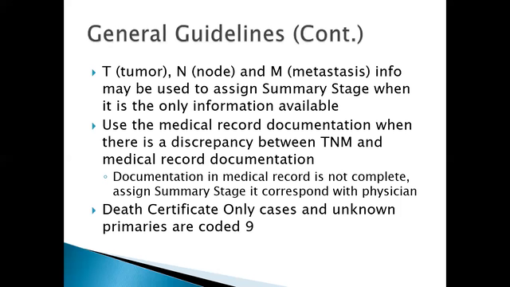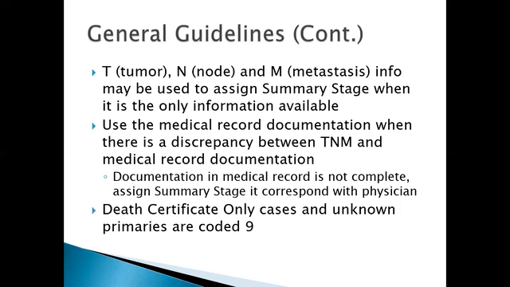Don't go by what the physician documented, all right? Like I said, no one's perfect. We all make mistakes. Physicians aren't God, their say isn't the last say. So just know that, use the information that you should.